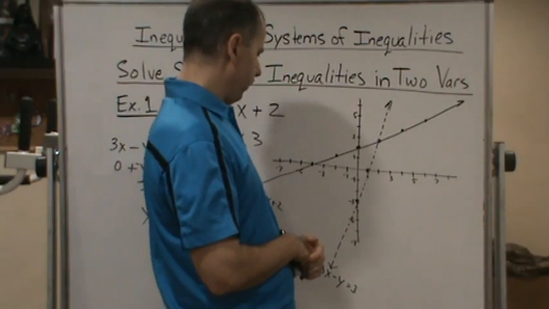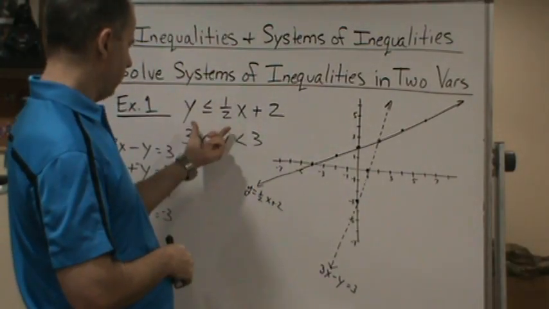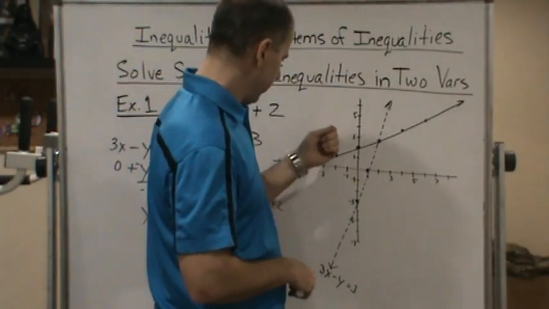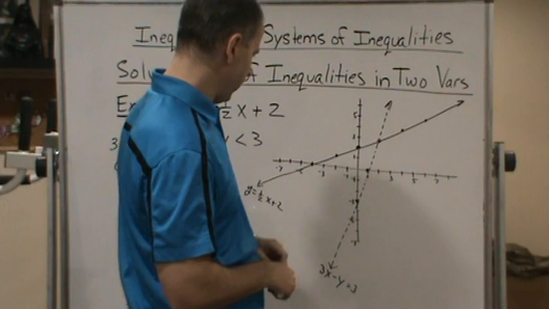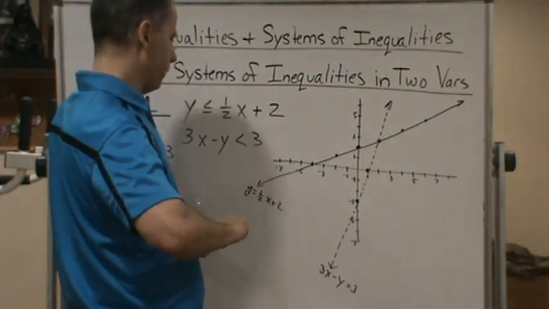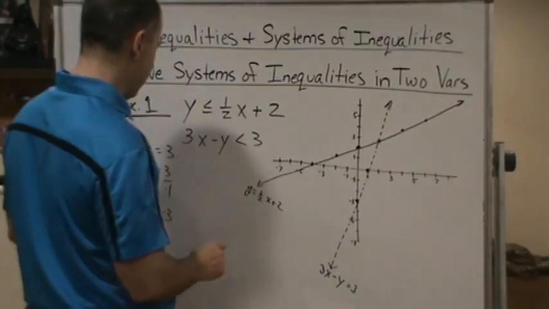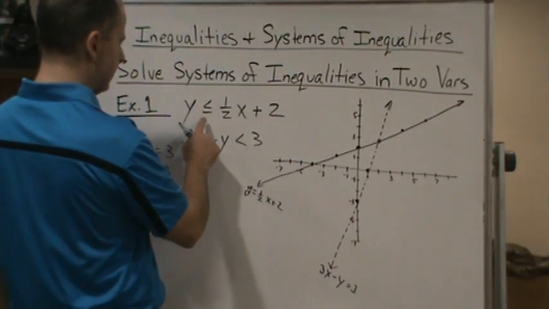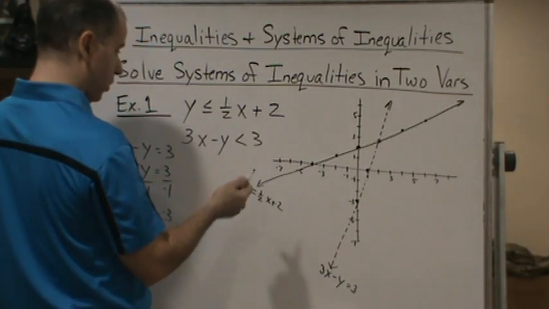So we could use a test point for the first one. We could test a point here, or in fact we could do the origin. The origin is very simple. We plug in 0, 0, and we get 0 is less than or equal to 2, which is true.